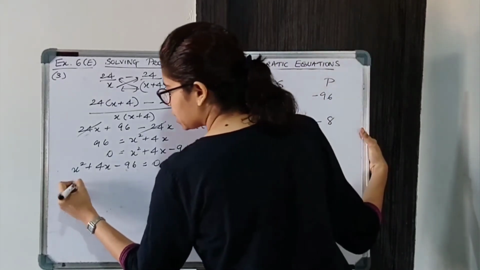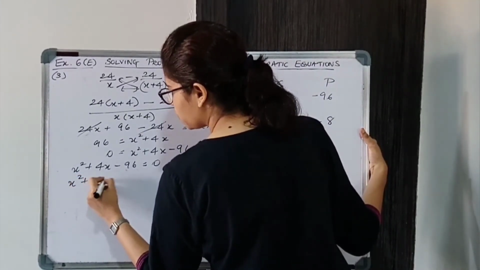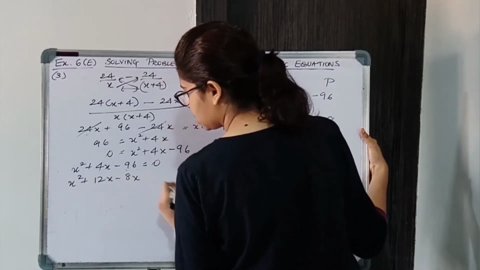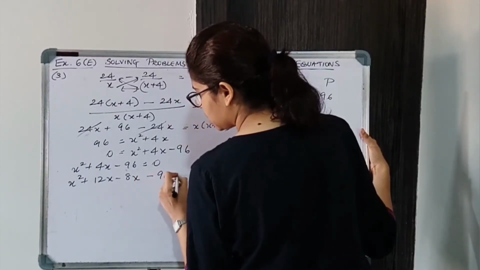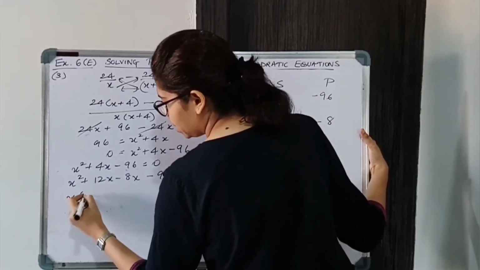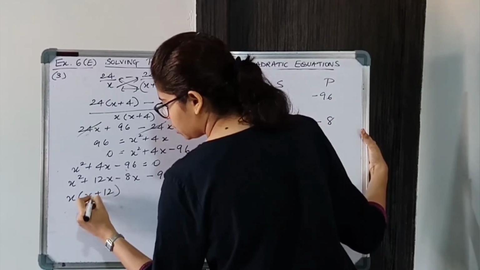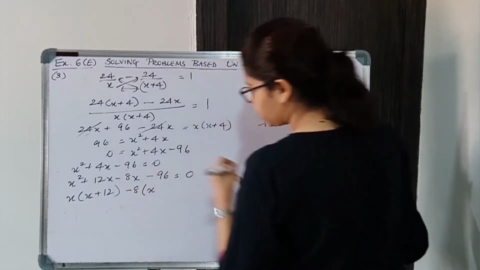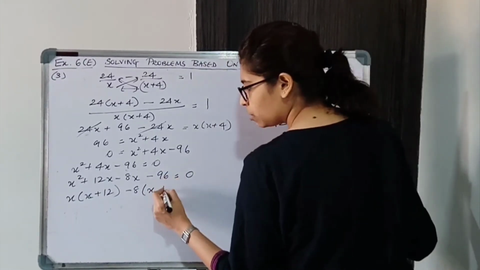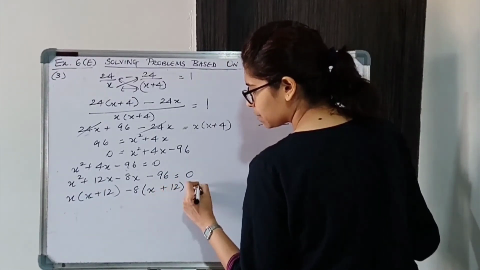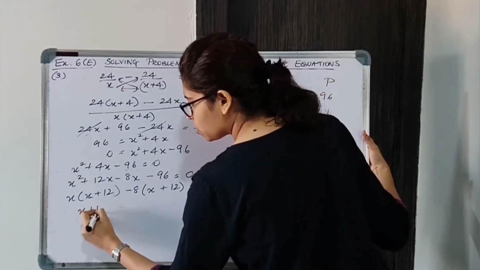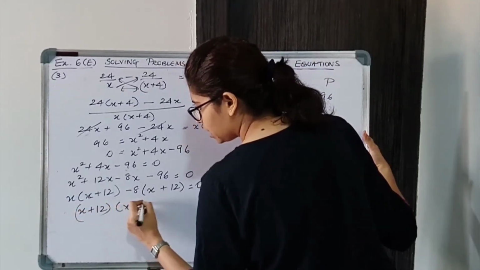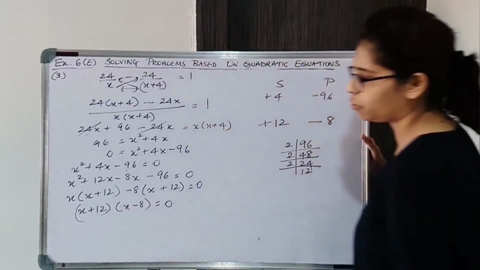So x square plus 12x minus 8x minus 96 is equal to 0. Taking x common, x plus 12 in the bracket. Here taking minus 8 common, x will become positive, this will also become positive, since 8 12s are 96. So x plus 12 into x minus 8 is equal to 0.